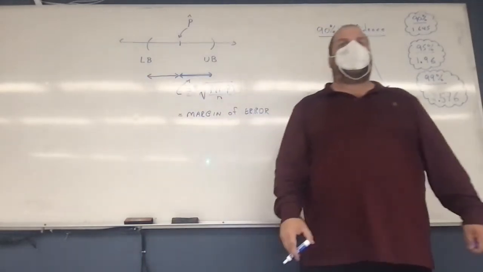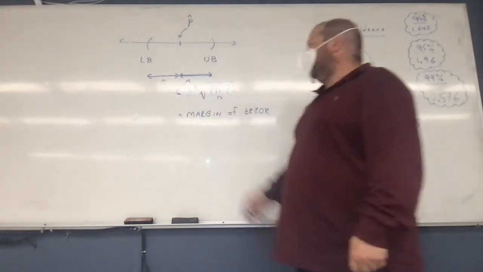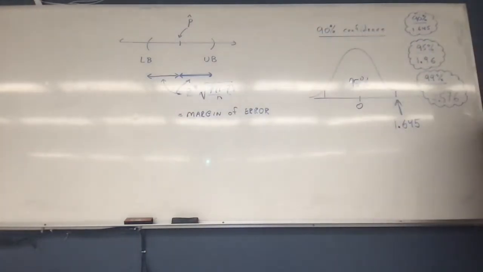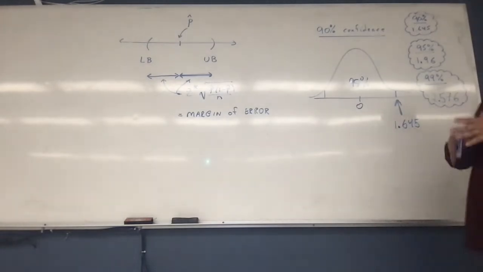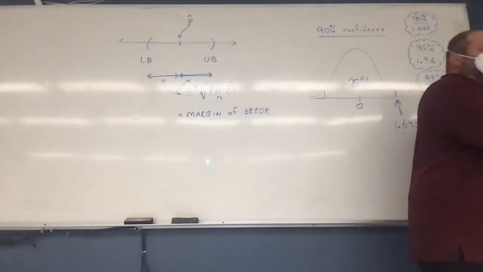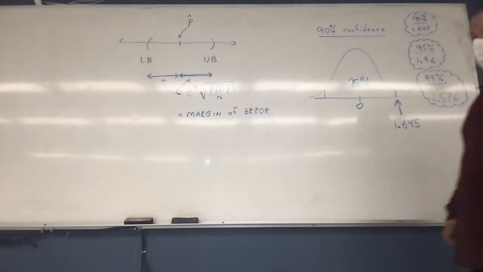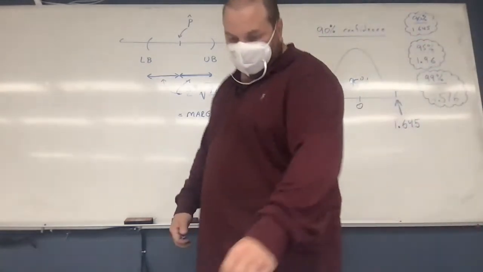Just the distance, don't worry about negative. It's the same thing. You add or subtract the same thing to go left or to go right. The center is P hat plus or minus the margin of error. That's how much you go right, that's how much you go left. That gives you your entire confidence interval.